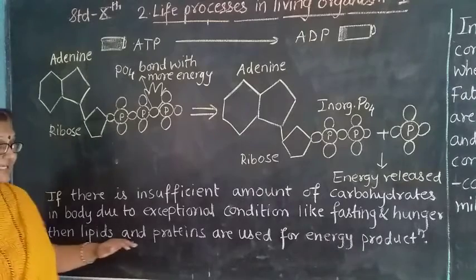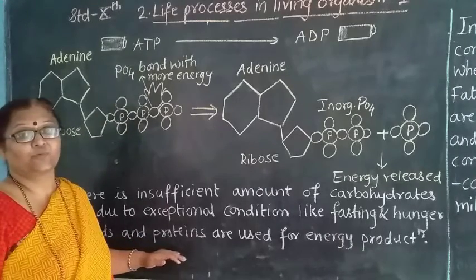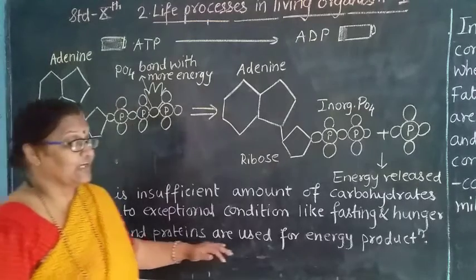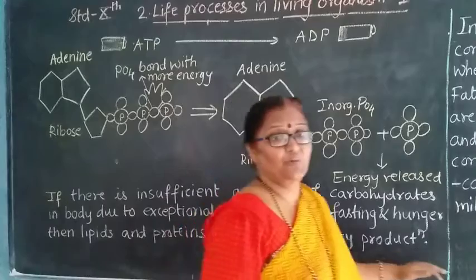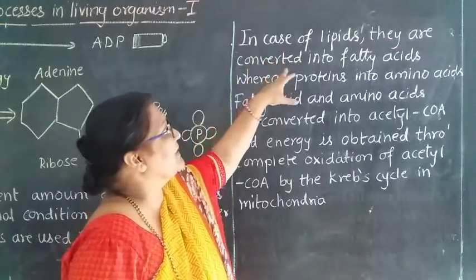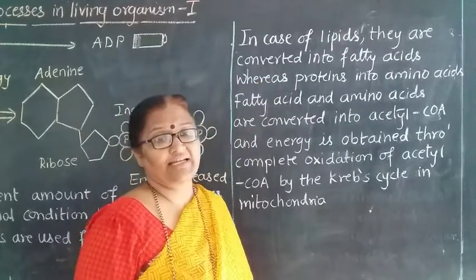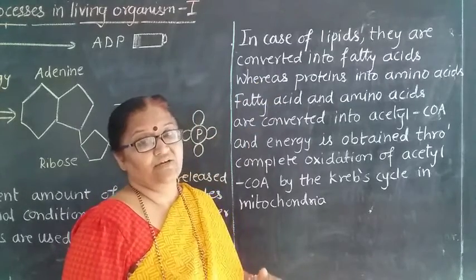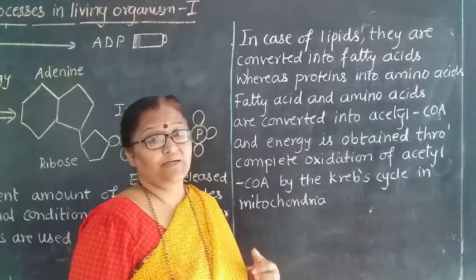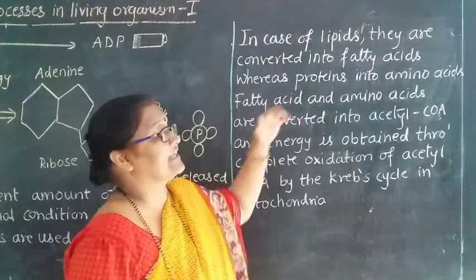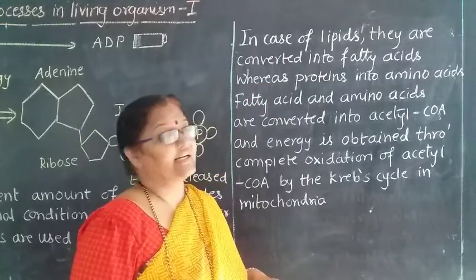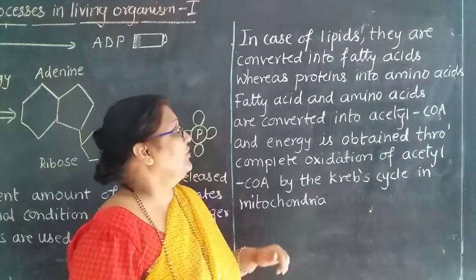The lipids and the proteins, which are already stored in the body, are used for energy production. Lipids, which are fatty substances, are converted into fatty acids, whereas proteins are converted into amino acids.